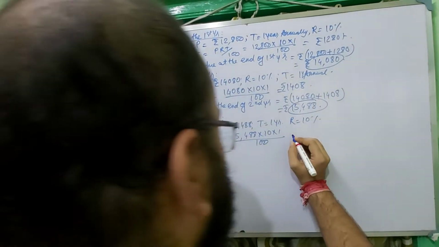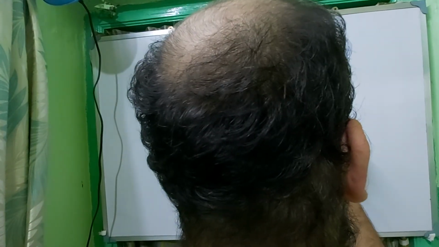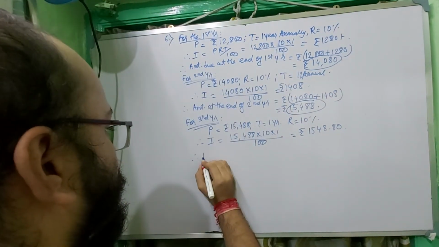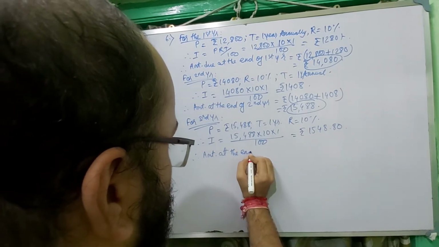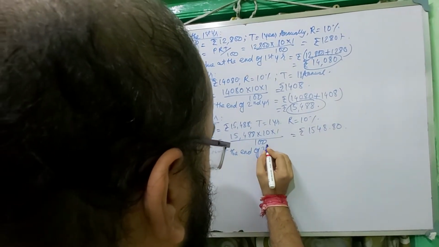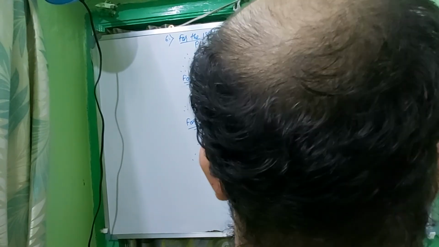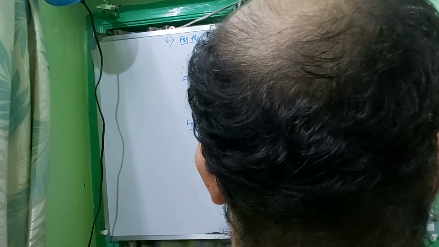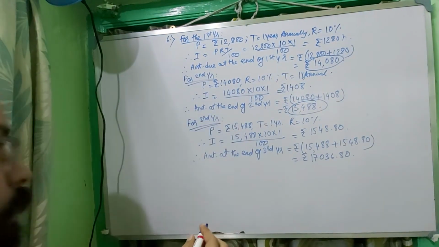So it will become 1548.80. Therefore the amount at the end of the third year is rupees 15,488 plus 1548.80. It will become 17,036.80.